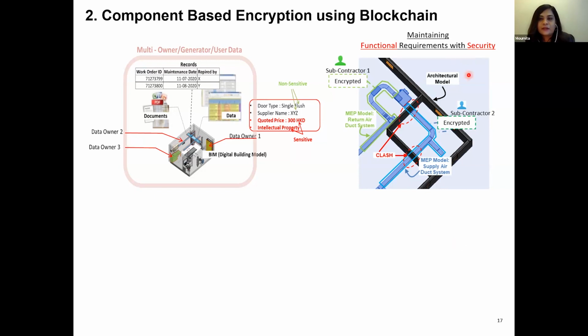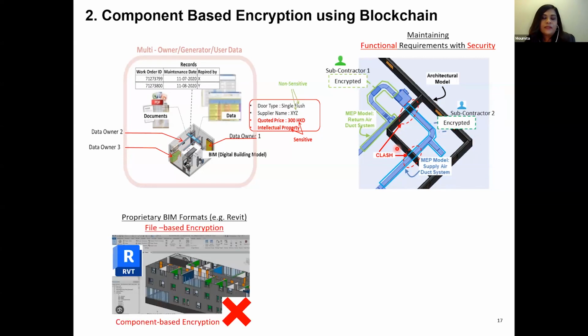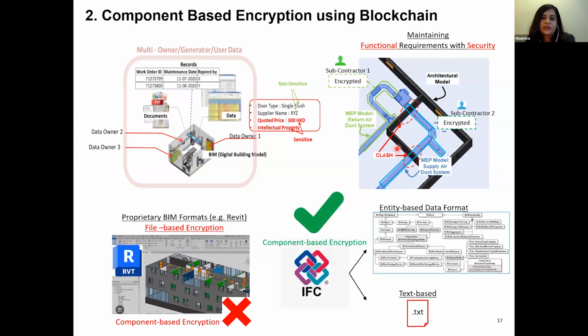For example, this picture shows clearly that this part of the BIM model is encrypted by this particular user, and the other part is encrypted by another user. Now, this approach will not work with proprietary BIM formats like Revit. So we chose IFC because of its entity-based data format, which is much easier to work with.